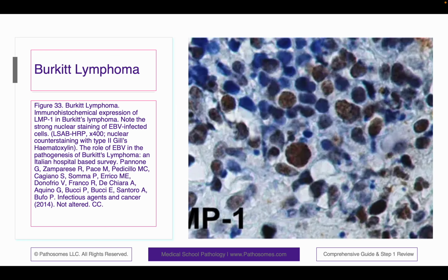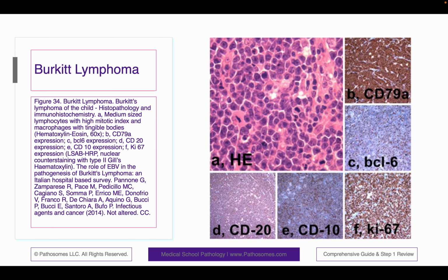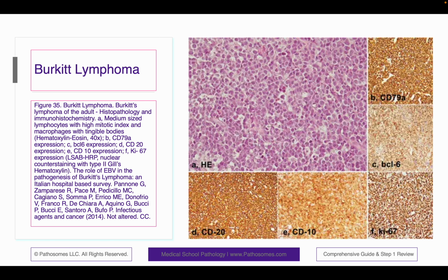And here is another example of Burkitt lymphoma, this time expressing LMP1 in EBV infected cells. And again, Burkitt's lymphoma. Note that high Ki-67 in the bottom right, panel F. And you can see that again here.